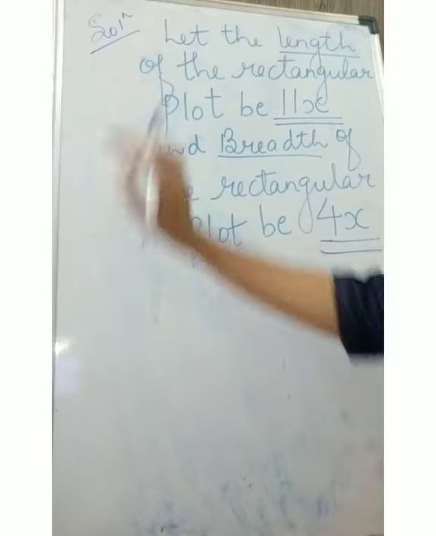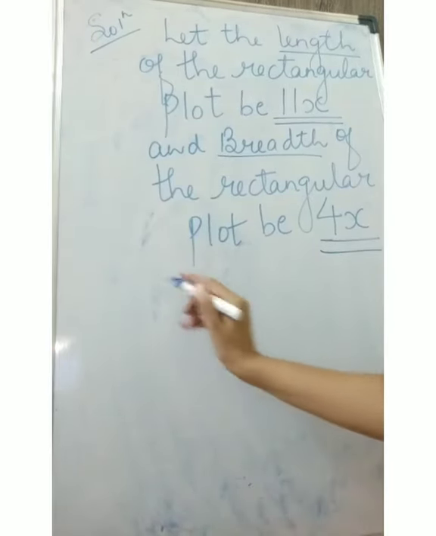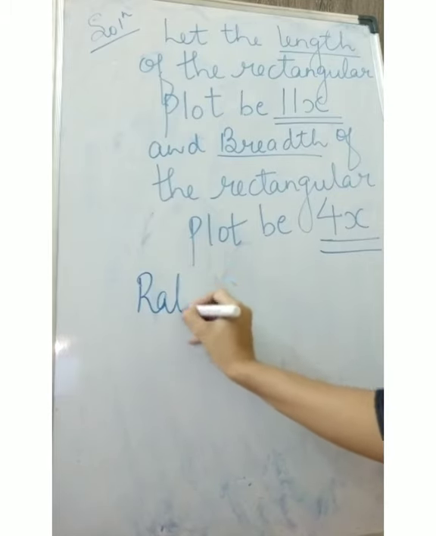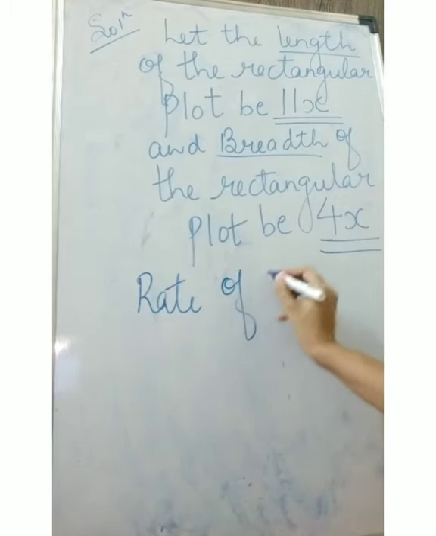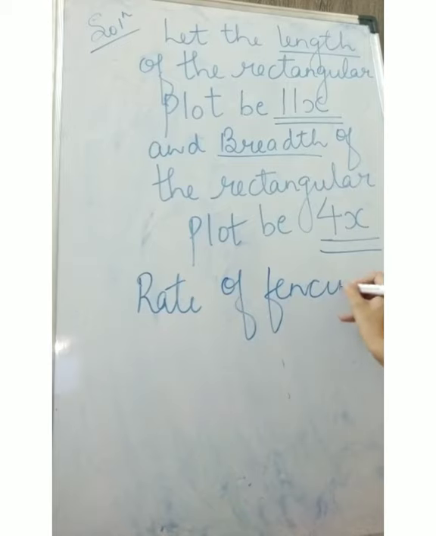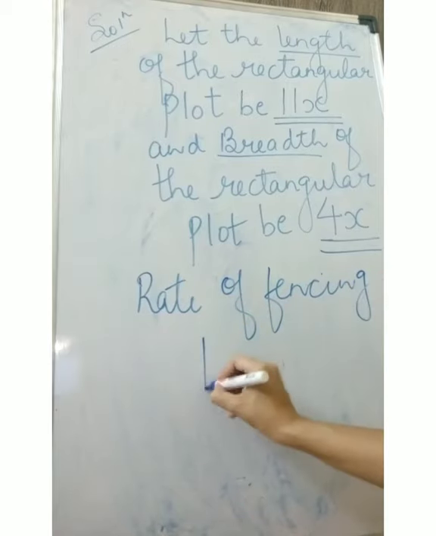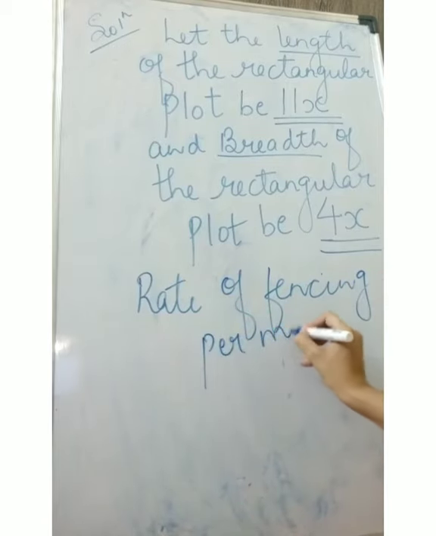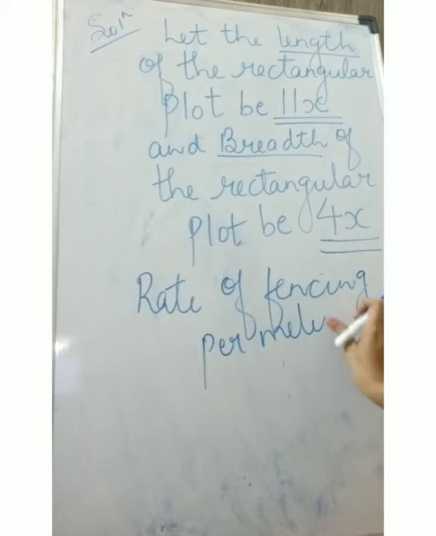Okay, now the next thing which is given in the question, that rate of fencing per meter. So per meter how much are they taking? They are taking 100. So rate of fencing per meter is equal to rupees 100.